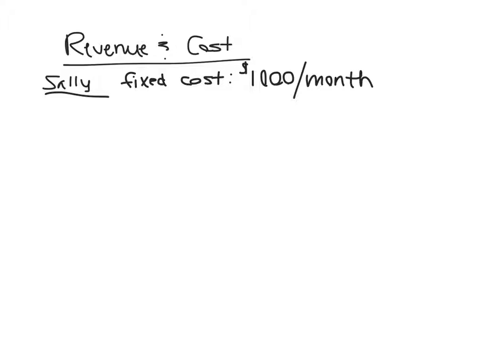Let's say she has a variable cost of $250 per unit sold.